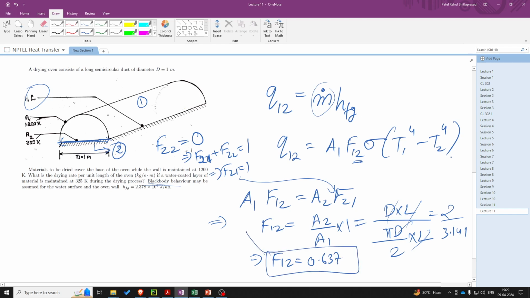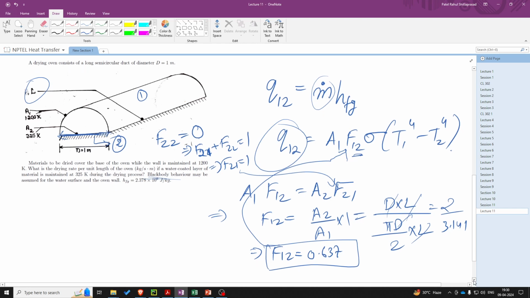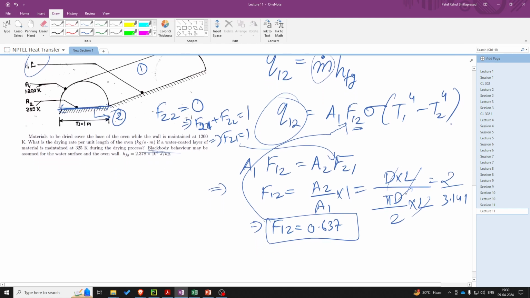Now we can use this F12 over here in order to find this Q12, and then we can again use it over here to find the value of m dot. Let's just do that. So Q12 will become A1 is pi times D times L, F12 we calculated as 0.637.